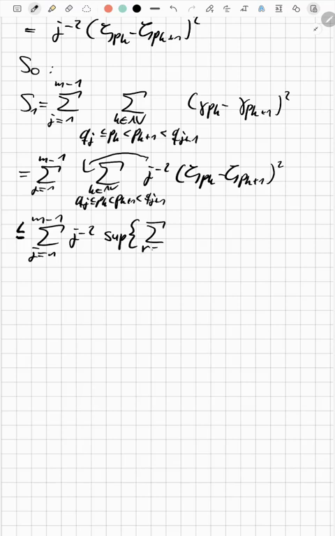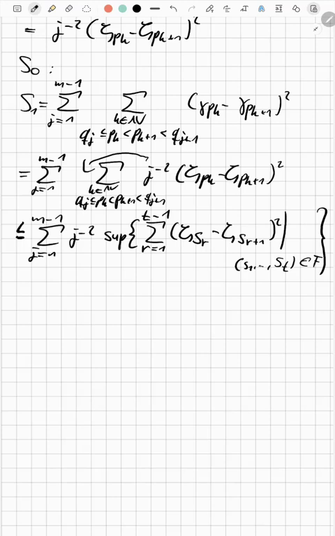We go from r equals 1 up to t minus 1 of zeta sr minus zeta sr plus 1 squared, where s1 up to st are from our set F.